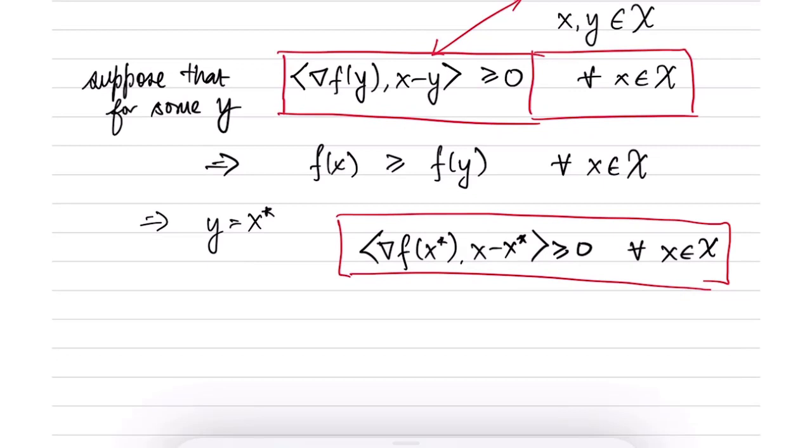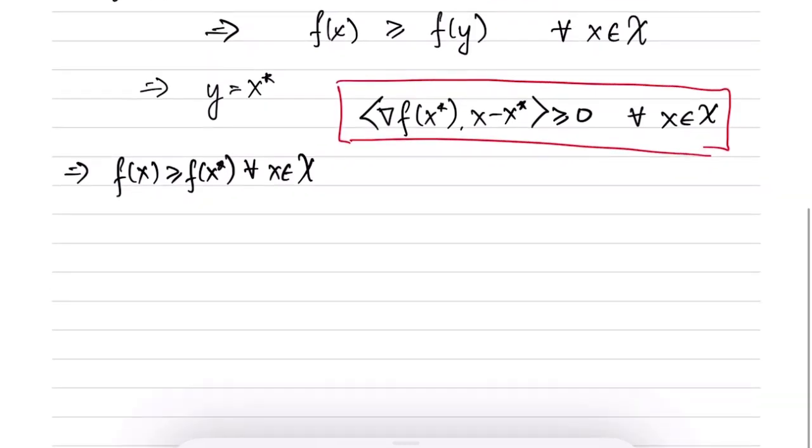This also implies that f of x is greater than or equal to f of x star for all x in calligraphic X, which is essentially the definition of x star. So x star is the point such that f of x star is the smallest among all x in calligraphic X, and of course we also require x star to be in calligraphic X, but that is a given. It is the optimum point, so it is indeed in calligraphic X.